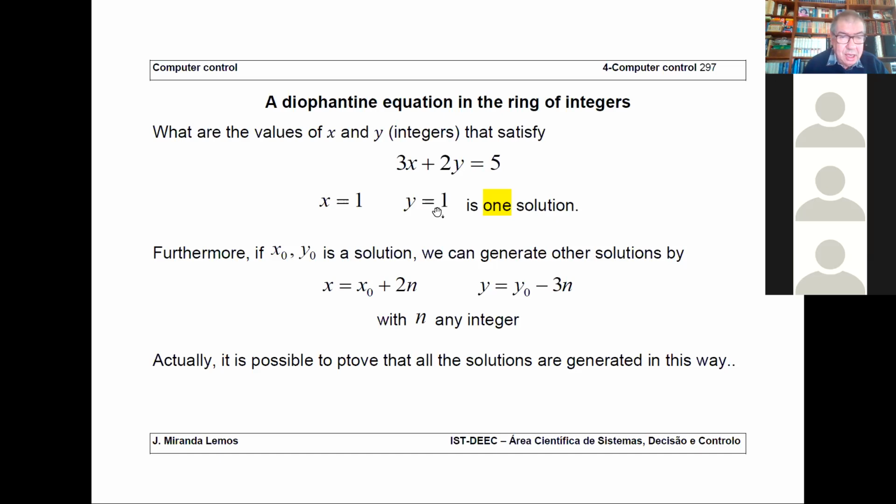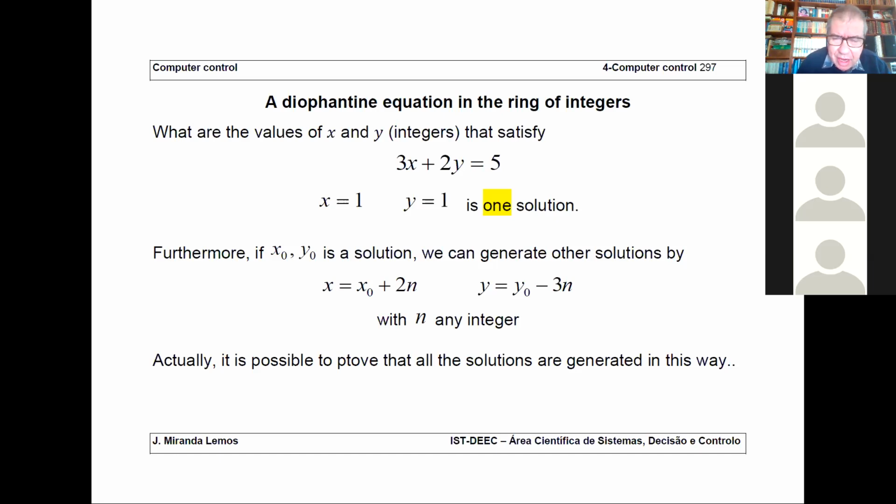It's very easy to prove that if x0 and y0, for instance x0 is 1 and y0 is 1, satisfy this equation, then any pair x and y given by these expressions for any integer n will satisfy this equation. So if in this type of equations you have one solution, you have an infinite number of solutions. The solutions form an affine space.